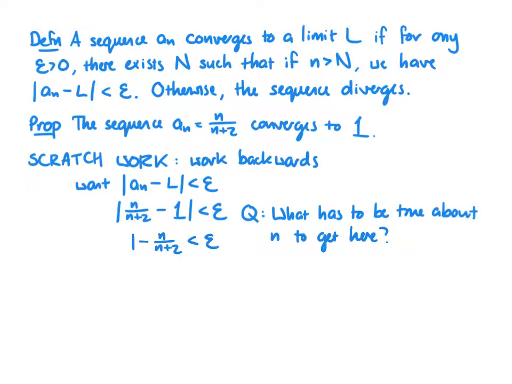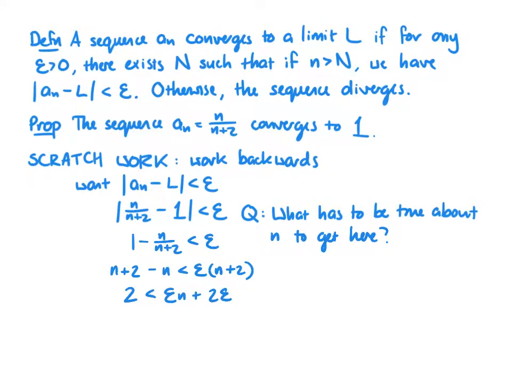Here I can say, multiply by n plus 2. If I multiply everything by n plus 2, I get the following. Let's distribute on the right. Now on the left, it's just a 2. On the right, it's epsilon n plus 2 epsilon.